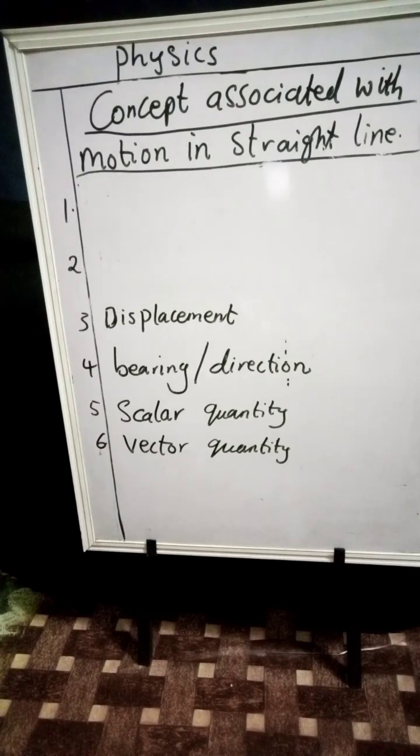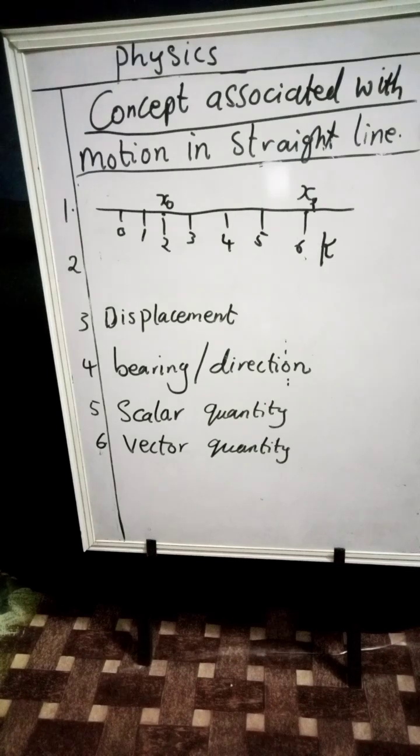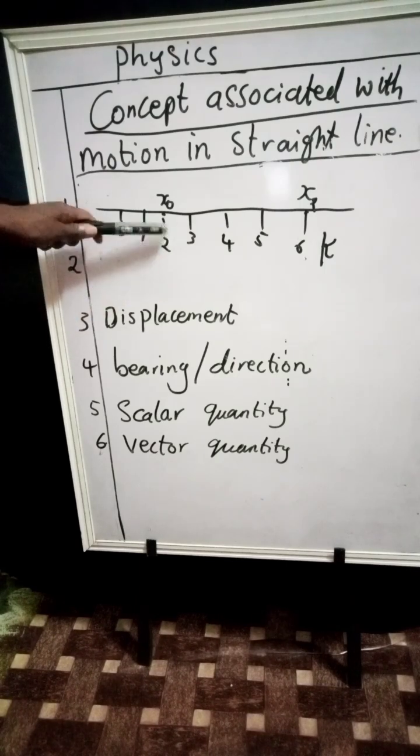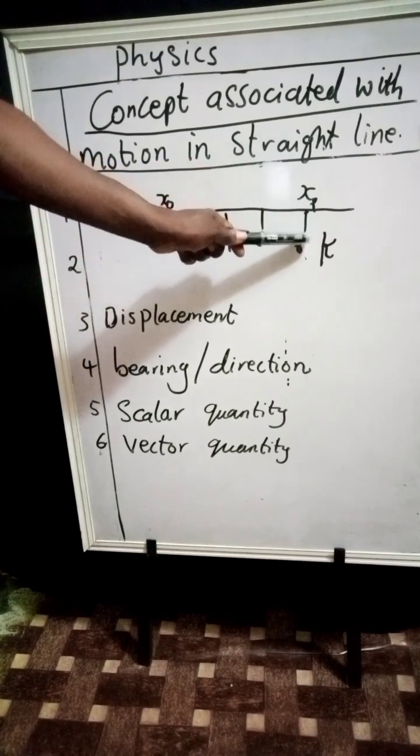Displacement is the change in position of an object. It has both magnitude and direction, so it is a vector quantity. So let's consider the displacement of this point, body K. The body K was originally at unit 2 and later moved to unit 6.